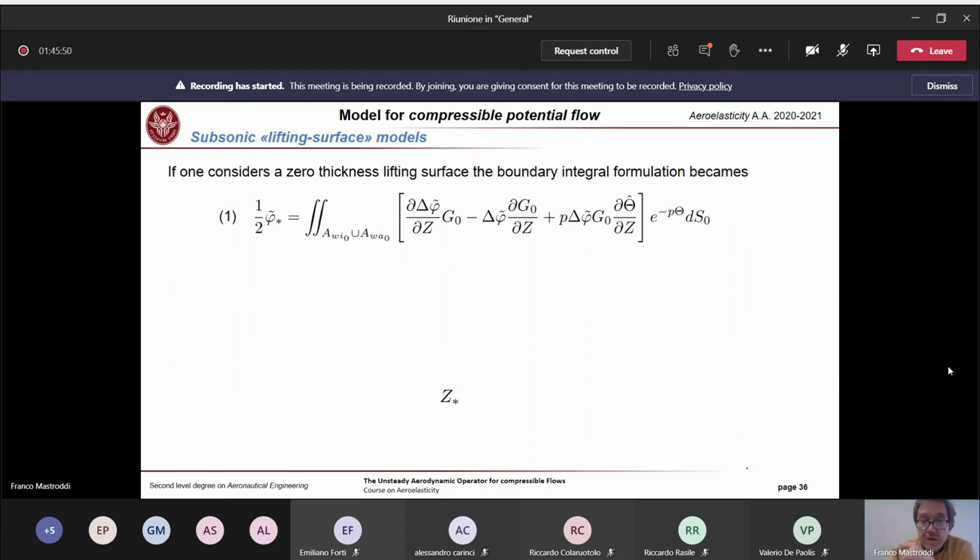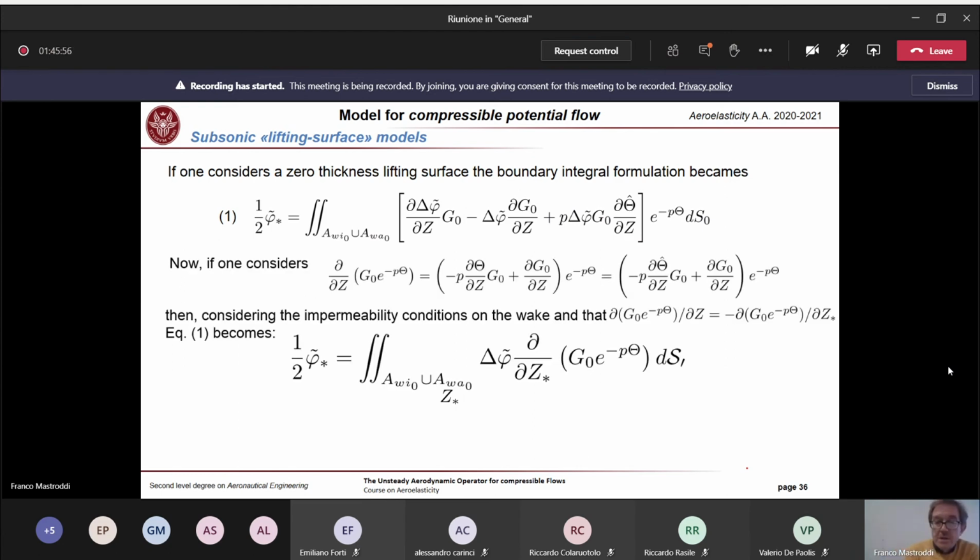We have just to write our formulation for a very thin body. This body is a thin wing plus a wake, reduced to a surface like this, but for incompressible flow.